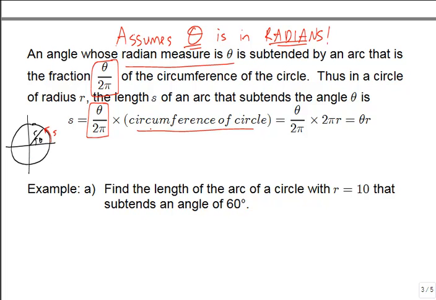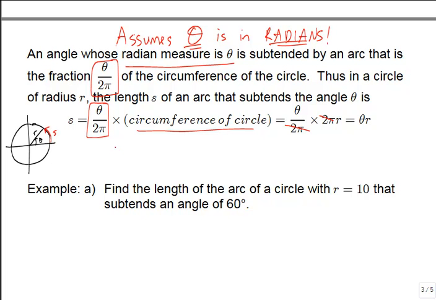So what's the formula for circumference of a circle? It's 2 pi r. So when we take our fraction theta out of 2 pi and multiply it by the entire circumference, 2 pi r, the 2 pi's cancel and we just get theta r.